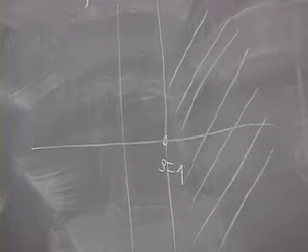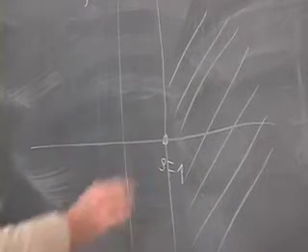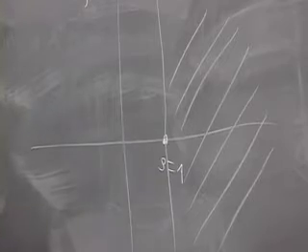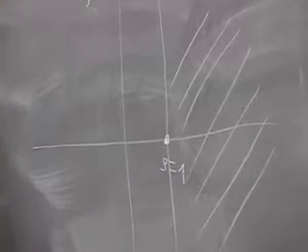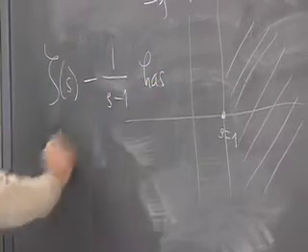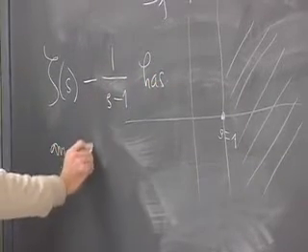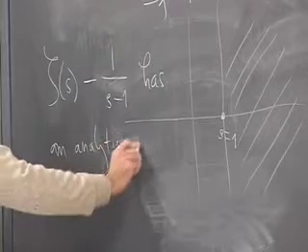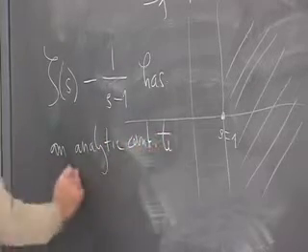And what Riemann first proved was that there was a pole of that function at s equal 1. So Riemann proved that zeta of s minus 1 over s minus 1 has an analytic continuation to the entire plane.